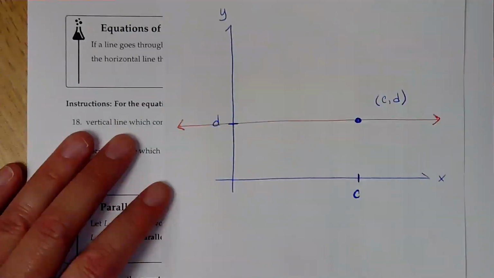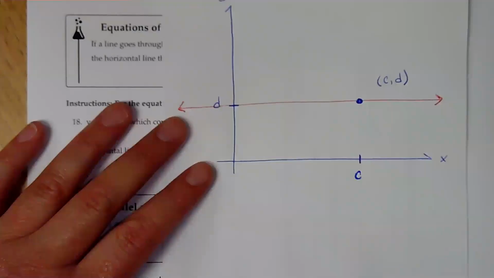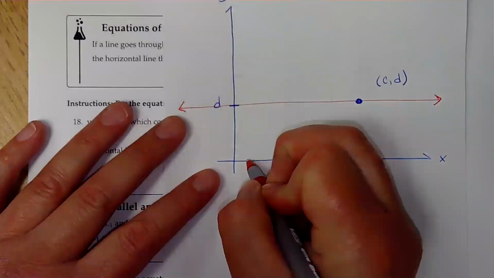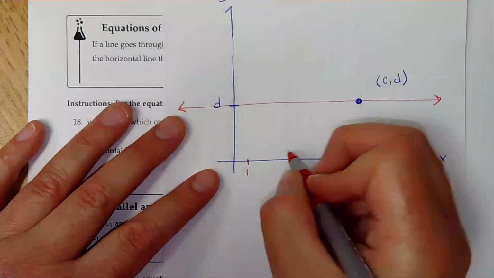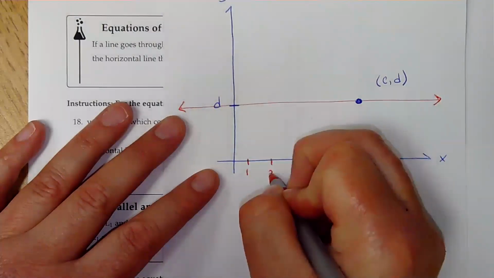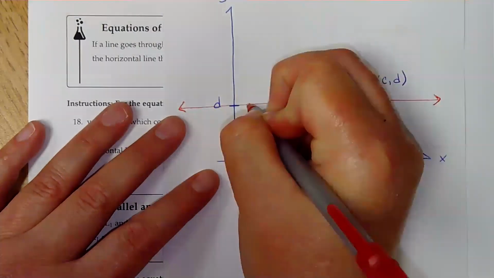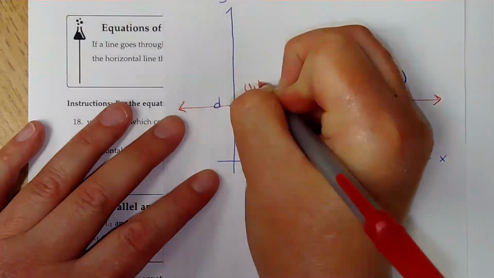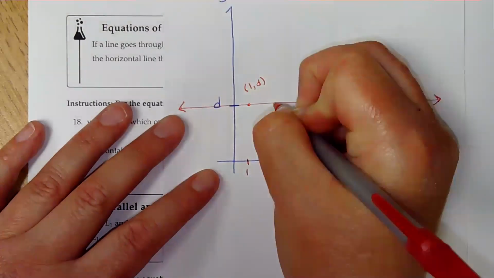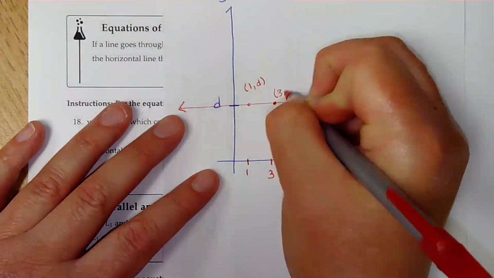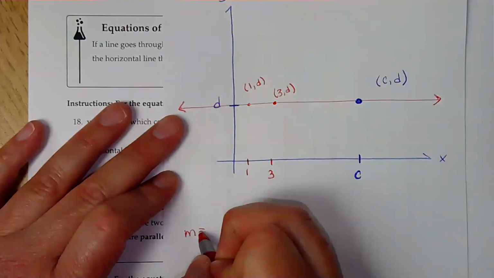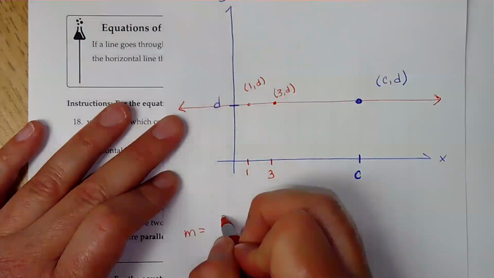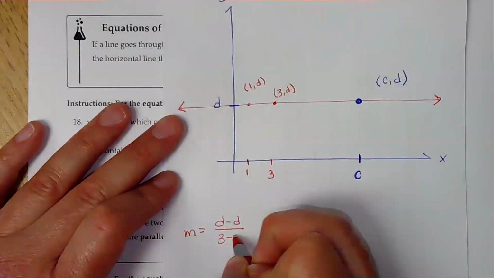And the reason for that, so if I pick 2 points here, we'll call this 1, and this is 3. So this point here would be 1 comma d, whatever d is, and this would be 3 comma d. All right, so if I find the slope here, it's going to be y2 minus y1, so d minus d, over x2 minus x1.